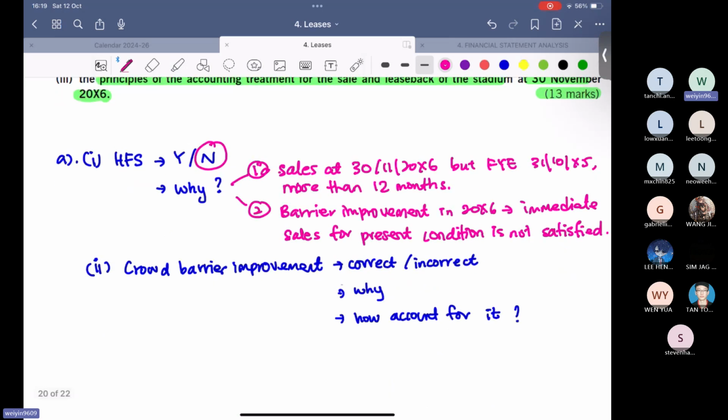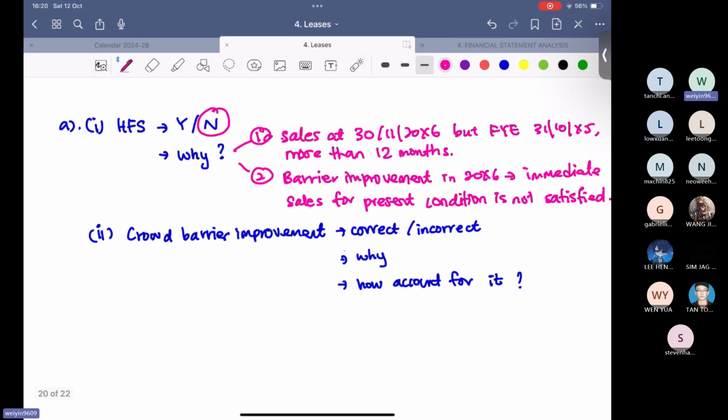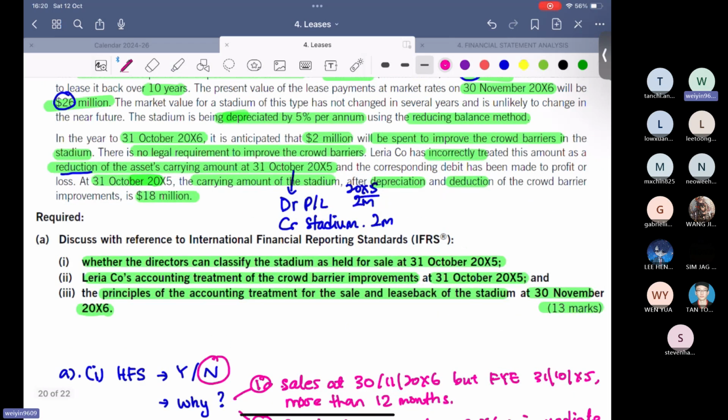Okay, number two, this one definitely is incorrect because the question already tells you, and you can say that there is no present obligation. First thing, because we talk about present obligations right here, there is no legal requirement to improve. And then it's also incorrectly treated as a deduction.